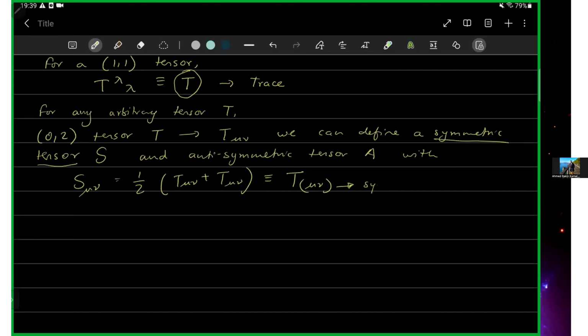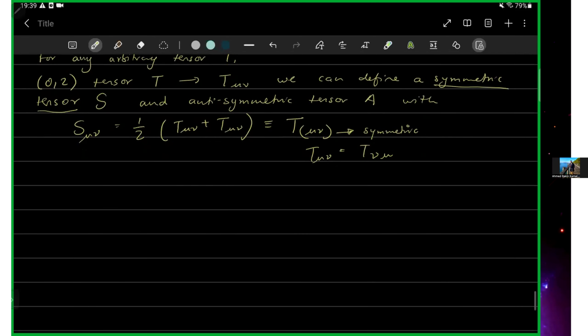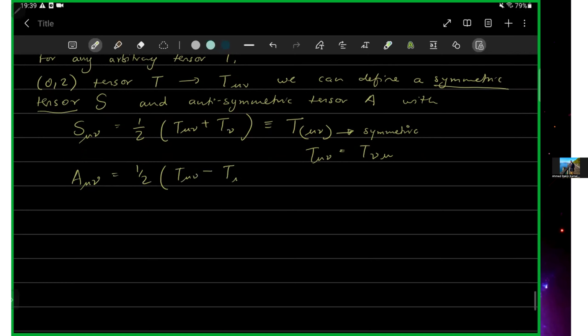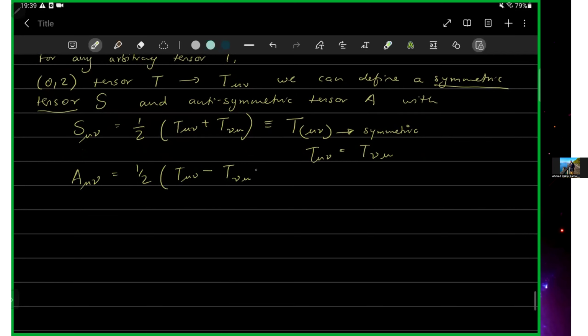Okay, so it's symmetric, meaning that T mu nu is equal to T nu mu. Okay, and similarly for the antisymmetric tensor, we can write it as T mu nu minus, oh, I should have written mu nu over here. Sorry for my mistake, but over here I should have minus of mu nu, and this can be defined as mu nu but with a different bracket. So this bracket means anti-symmetric.